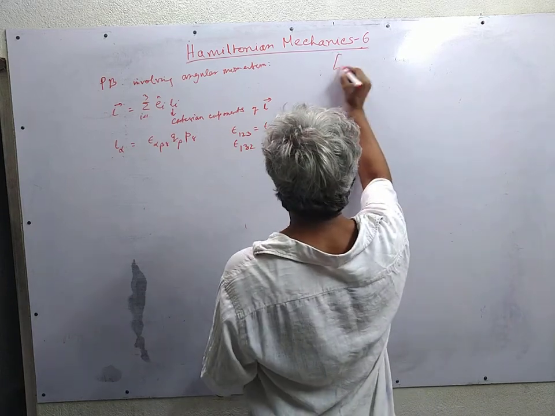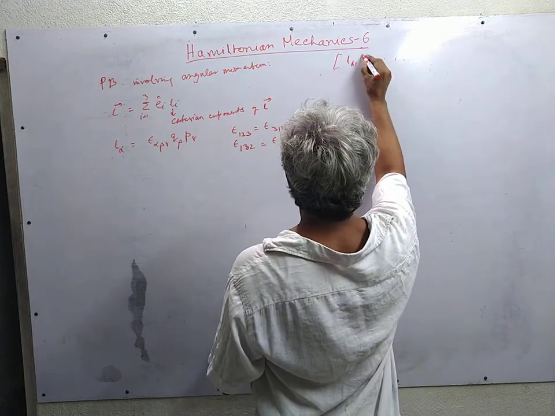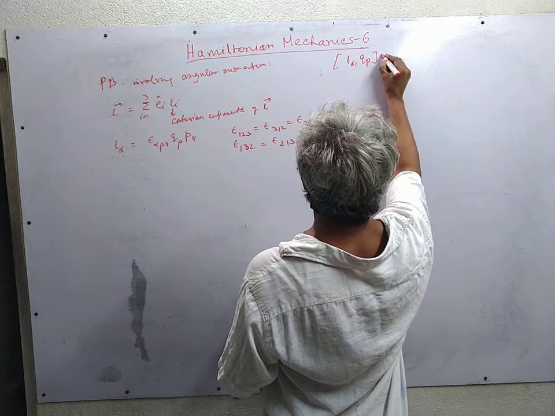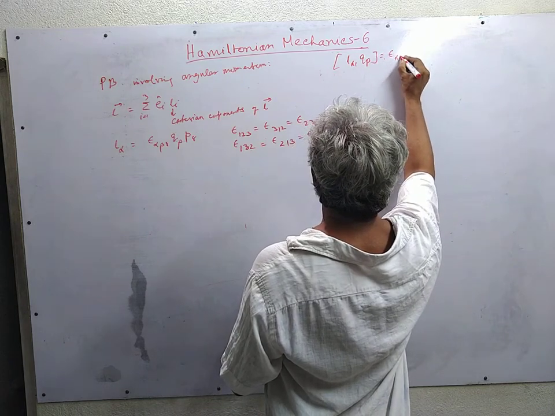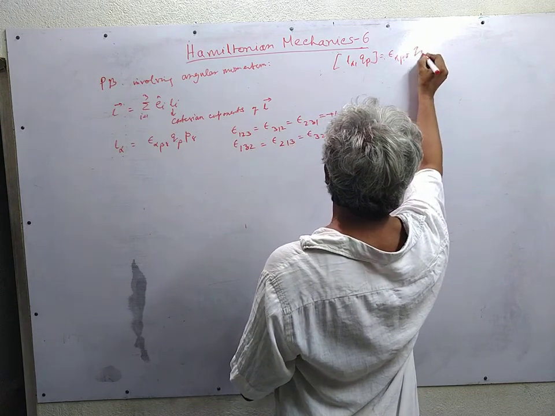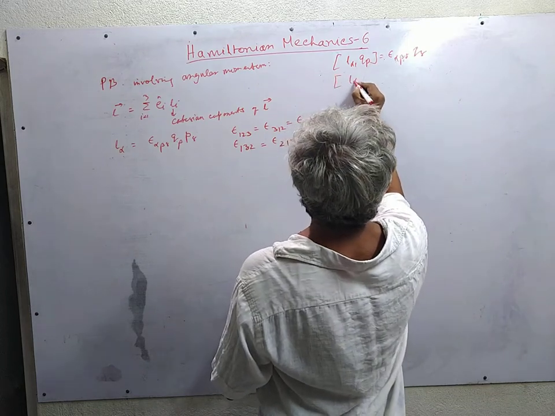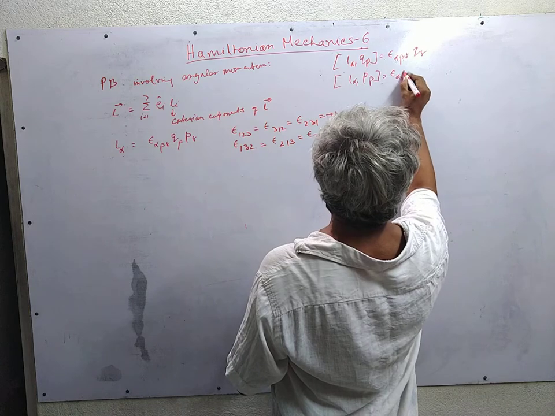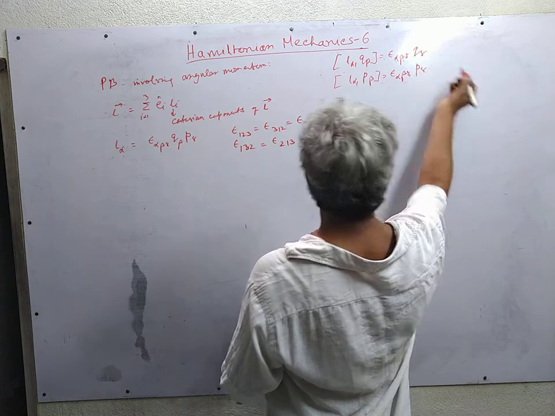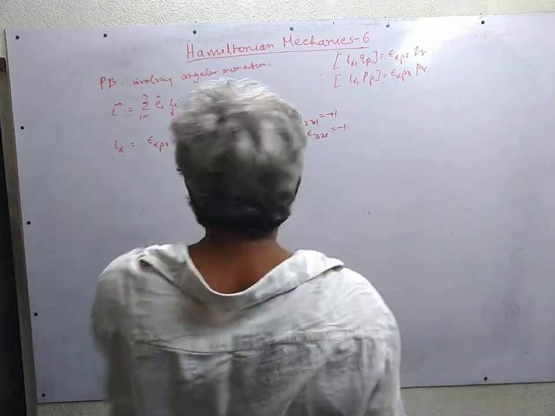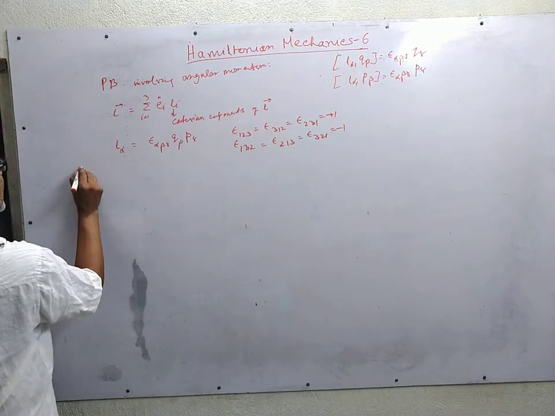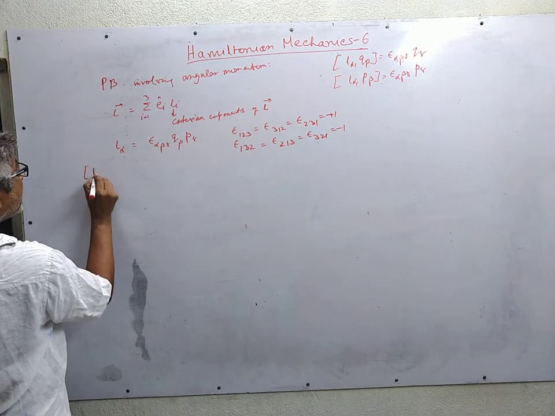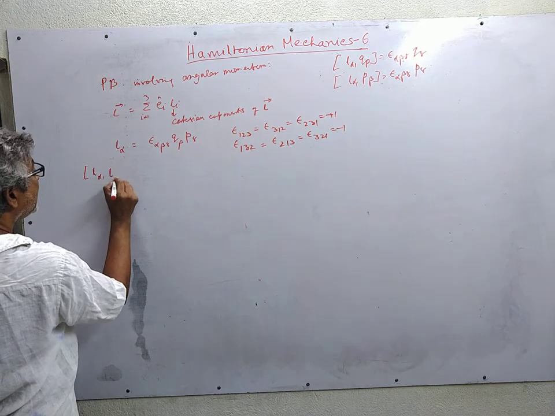One is L alpha q beta is equal to epsilon alpha beta gamma q gamma, and L alpha p beta is equal to epsilon alpha beta gamma p gamma. So our requirement is we want to prove the relation for L alpha L beta.